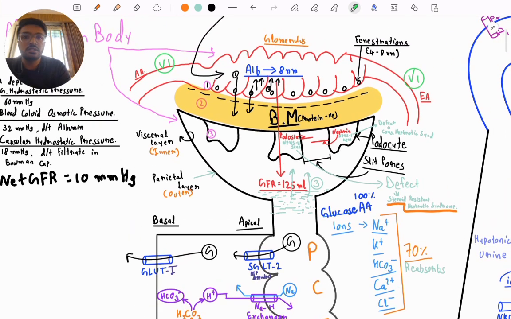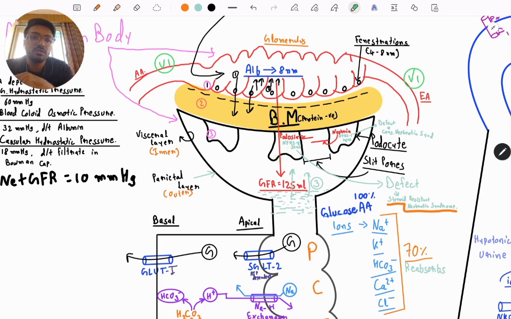Now for this plasma fluid to come out from the capillaries, the first thing it has is the fenestrated pores, and they are 4 to 8 nanometers in size. So anything of size between 4 to 8 nanometers is going to pass easily through this.